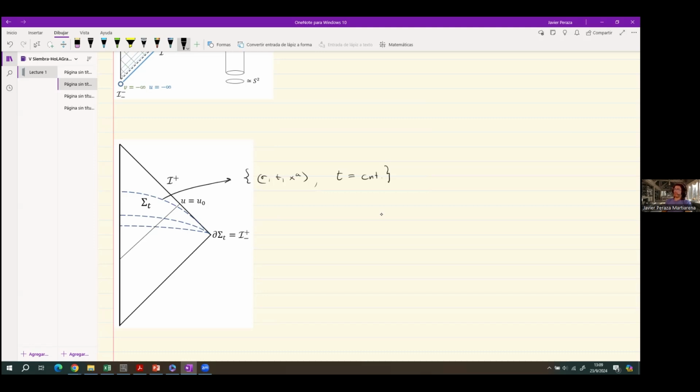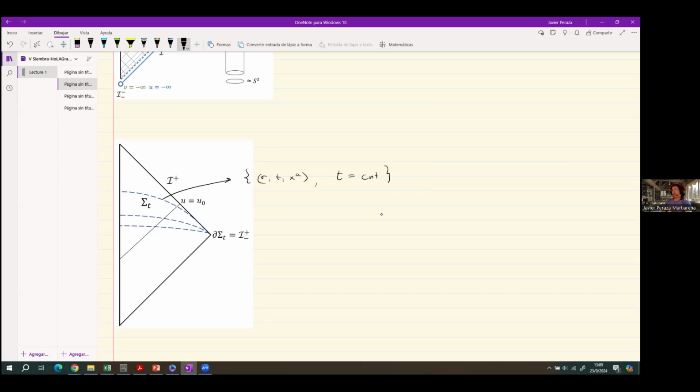And if we go to infinity, that means that we want to have a parameterization of future null infinity in terms of some of our variables.